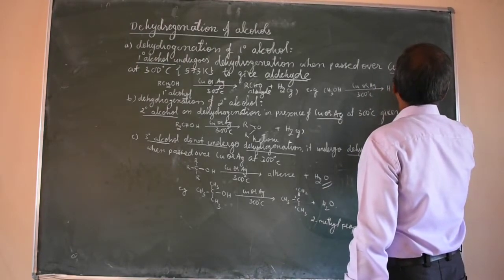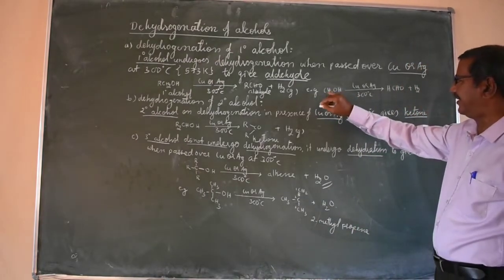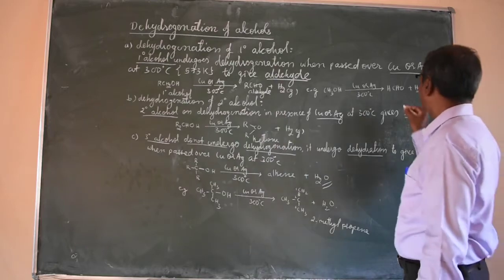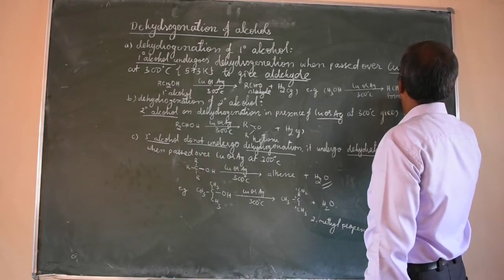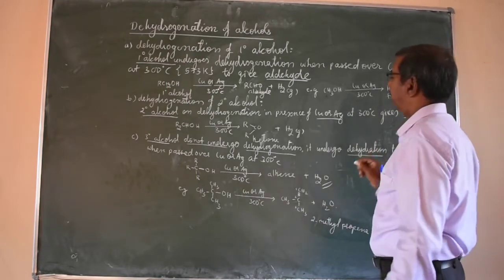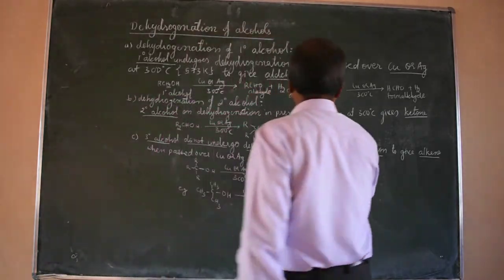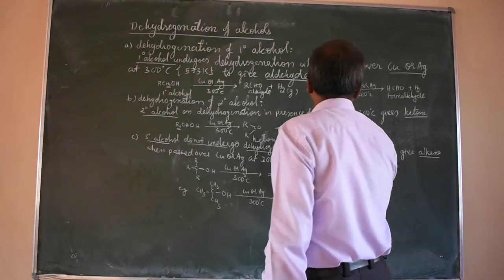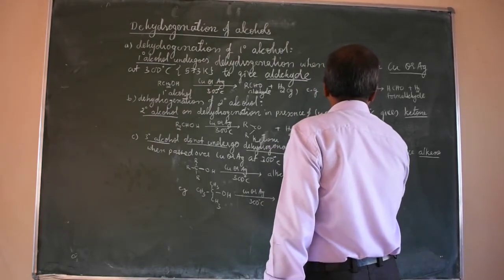So the aldehyde formed contains the same number of carbon atoms as there are in the alcohol. We know this is called formaldehyde, and the alcohol is methanol. An example for the next one, for secondary alcohol. So it's a CH3, a simple example I am taking.